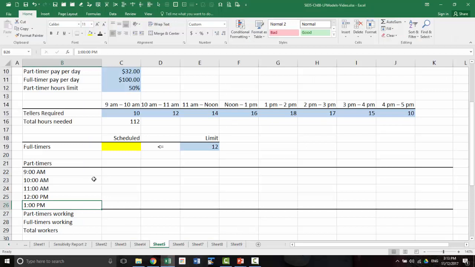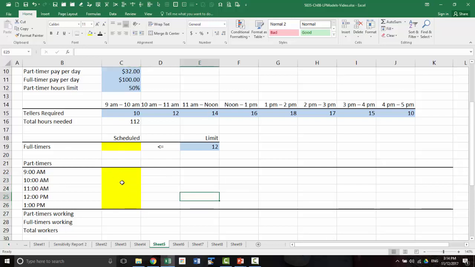So the first question is how many full-timers we should schedule. The second question is how many part-timers we should schedule to start at each of these starting points. So that has to be a changing cell as well.